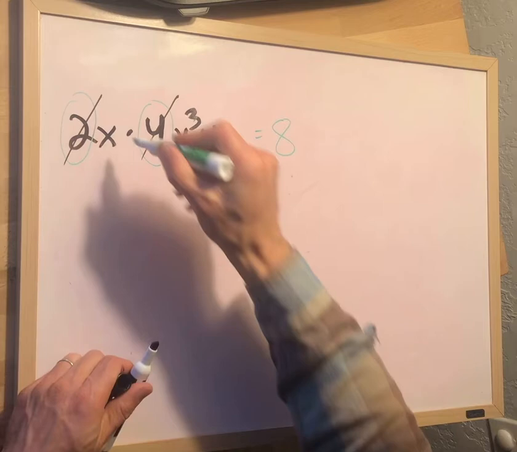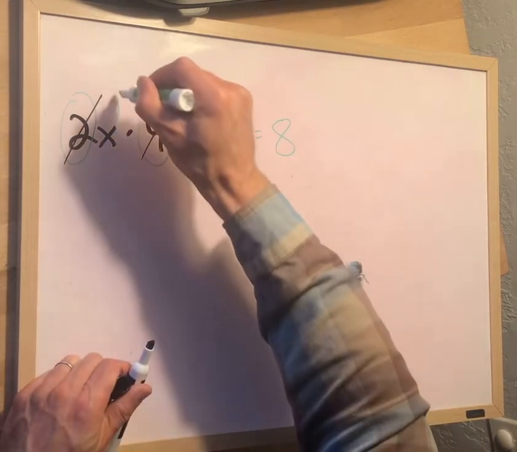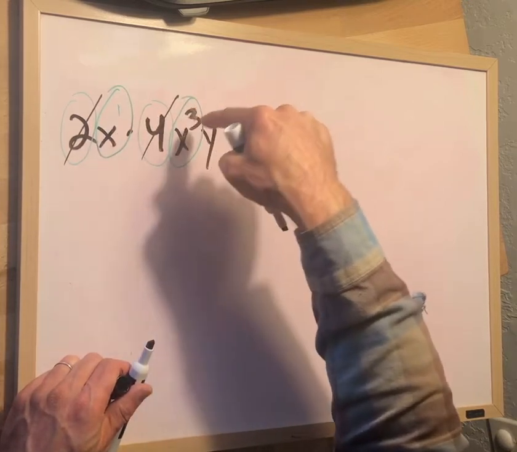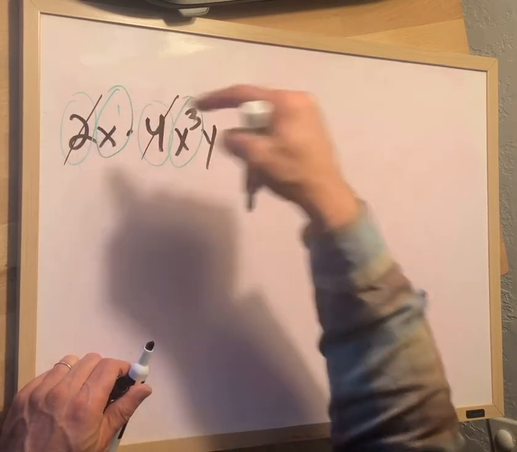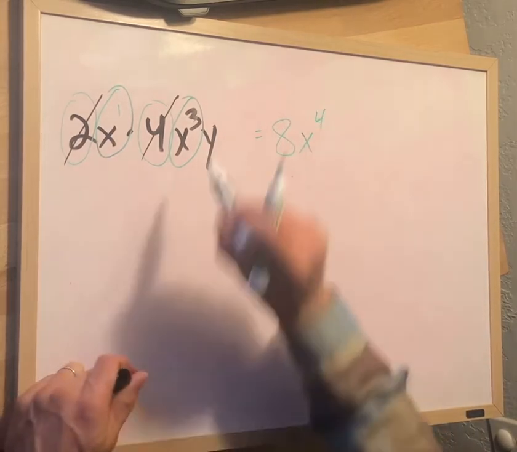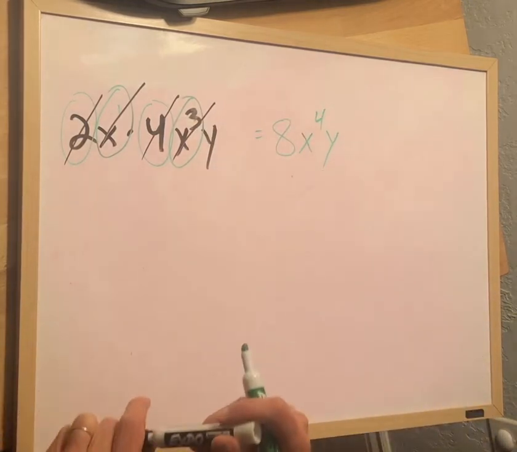Now the next thing, there's an invisible 1 on that x. And these two have the same bases. Now remember, when you multiply, you add the exponents. 3 plus 1 is x to the fourth. And then I can cancel this out. And then I have my y. All right, there's your simplified version.